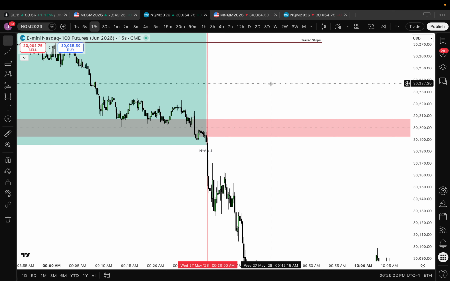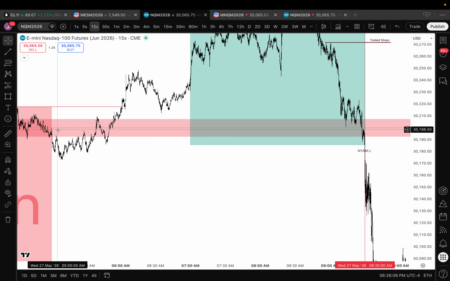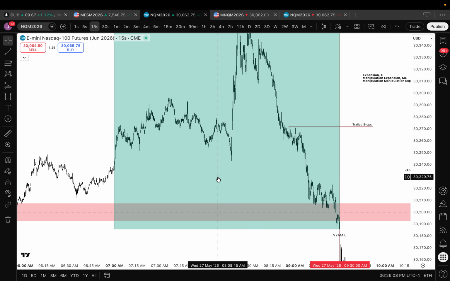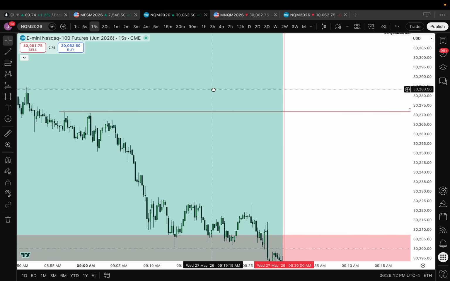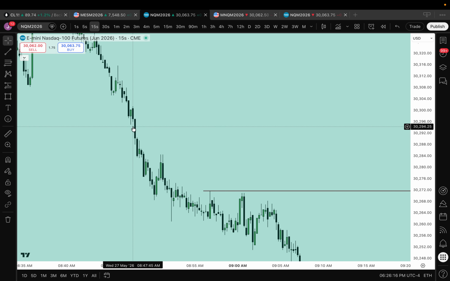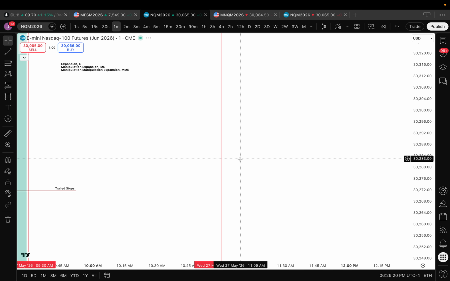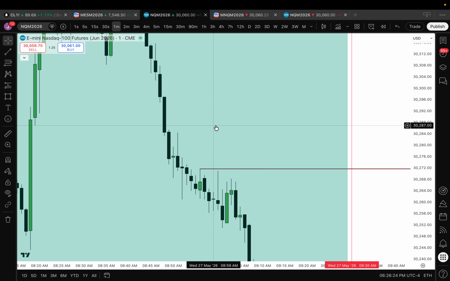typically for this model I have to name out confluences beforehand, like this one that I got. And for example, if I were looking to short after we swept these trailed stops, I would go over here and maybe I'd choose this fair value gap or this order block right here if I was very confident we were going to reverse off of that.